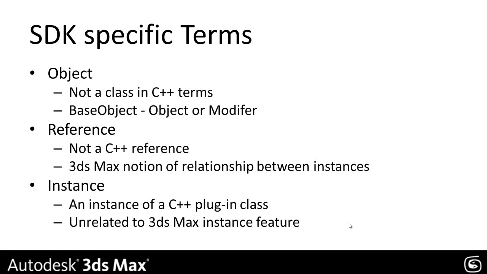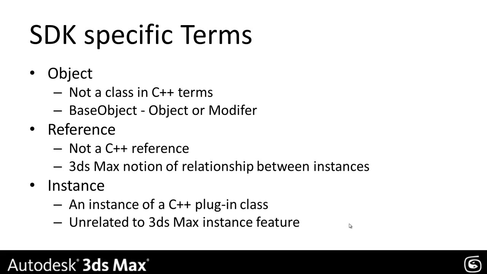Another term that's sometimes confused is references, which is basically a relationship between instances of objects. So a reference means, okay, this is a parent and it has a reference to its child, for example. It's not usually the typical C++ reference.